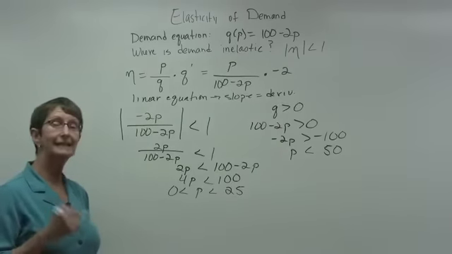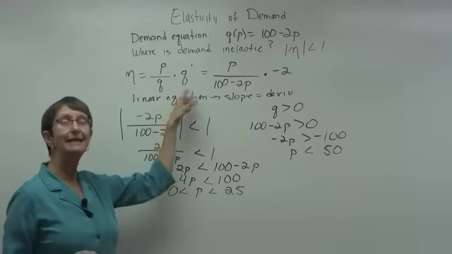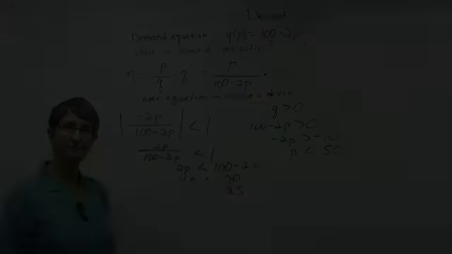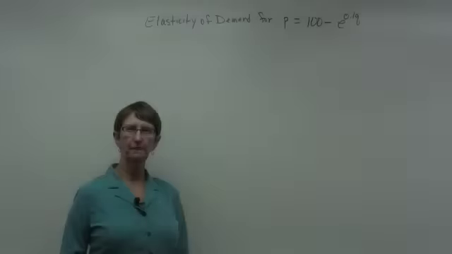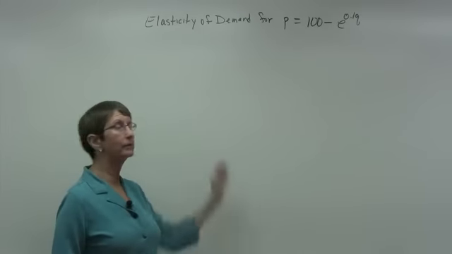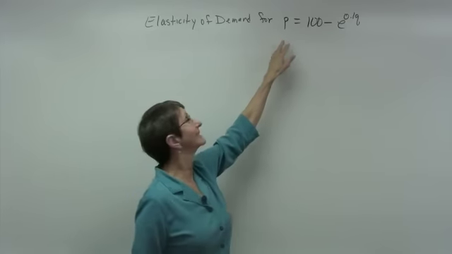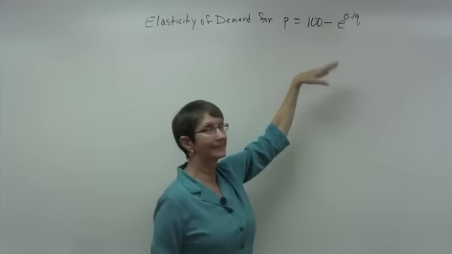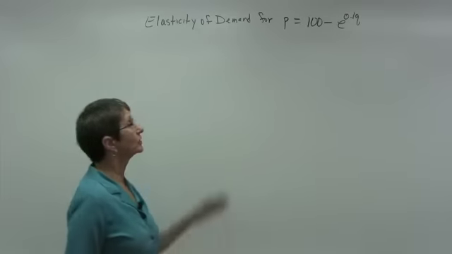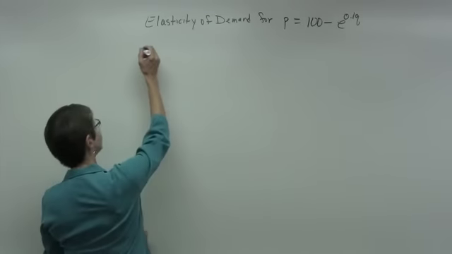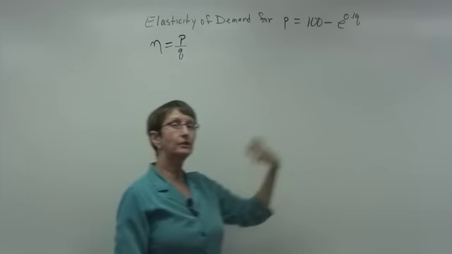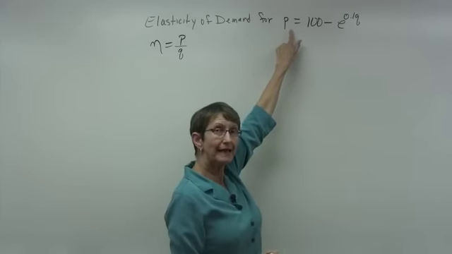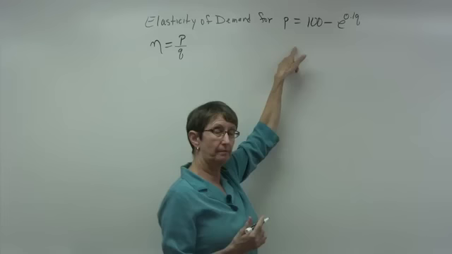Now let's go look at a second example where I have P as a function of Q. For this elasticity of demand problem, we're given our demand equation as P equals 100 minus e to the 0.1 Q. So that if we're using the formula for elasticity, eta equals P over Q. When we get to the derivative part, here we'd be taking the derivative of the function P, which would be P prime.